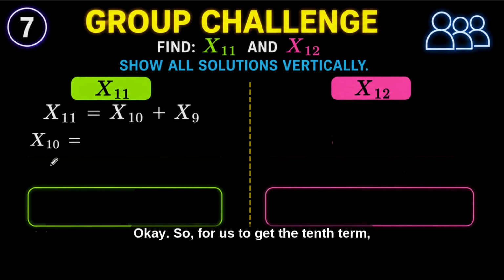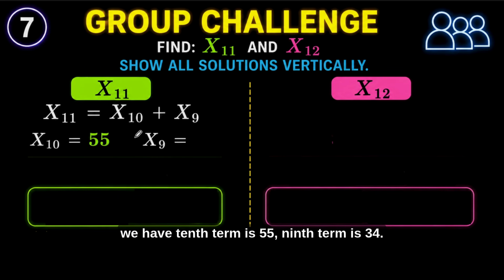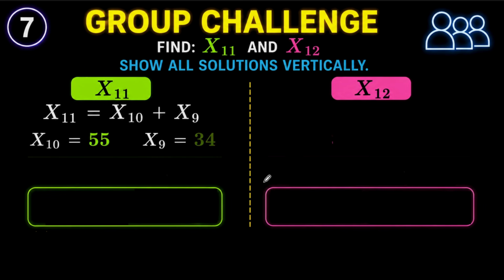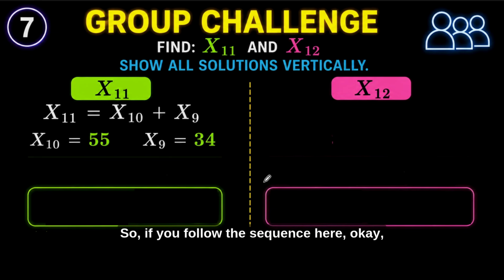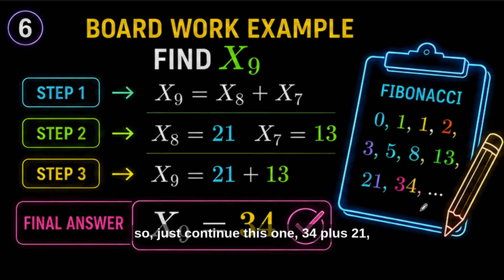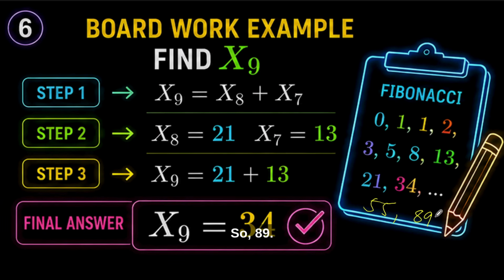The 9th term is 34. If you follow the sequence here, just continue: 34 plus 21 is 55. This is the 10th term. So 55 plus 34 is 89.